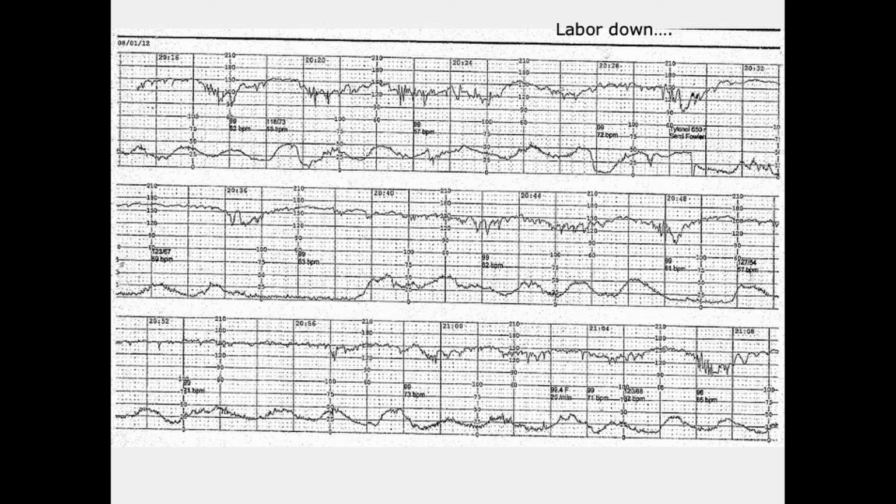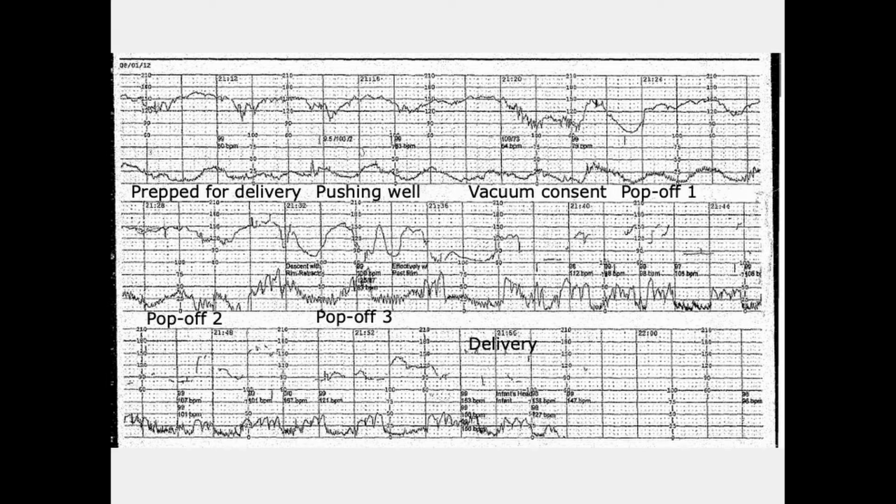So unfortunately, this tracing doesn't get a lot better, and there's a lot of recurrent late decelerations, and really, unfortunately, almost no intervention to try and get this tracing to improve. And this is, again, to show you some of these are variables. They have an abrupt decrease. Some are late.